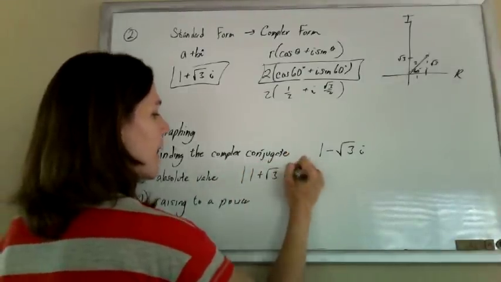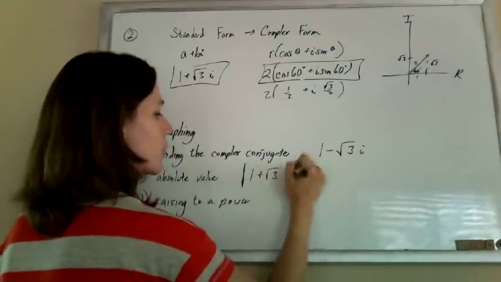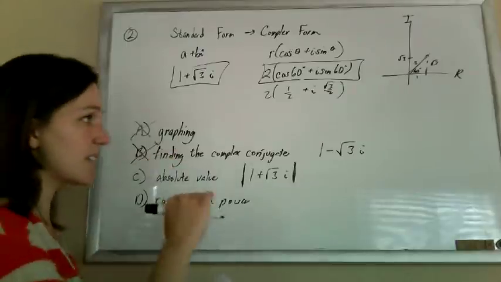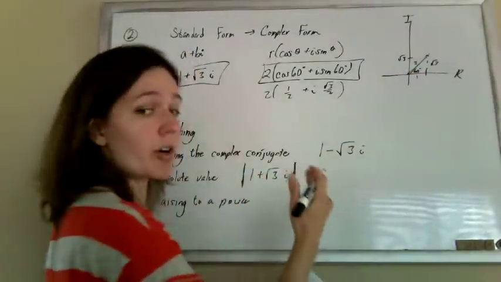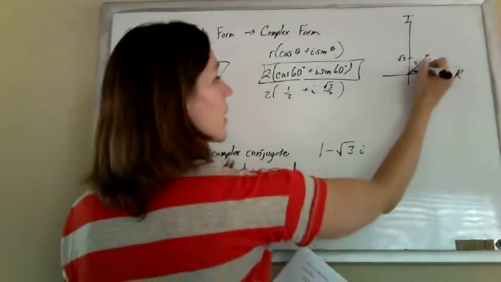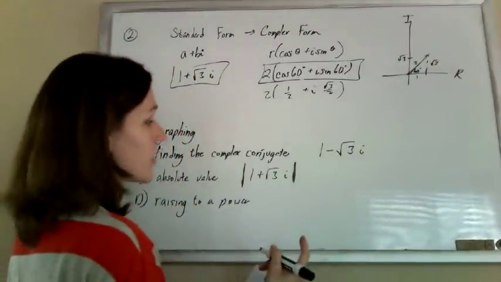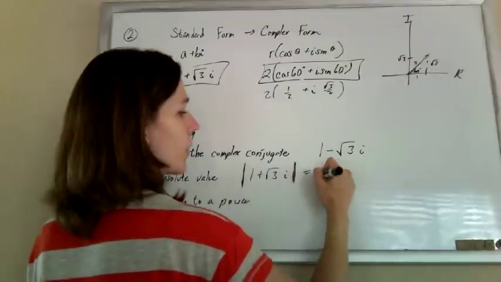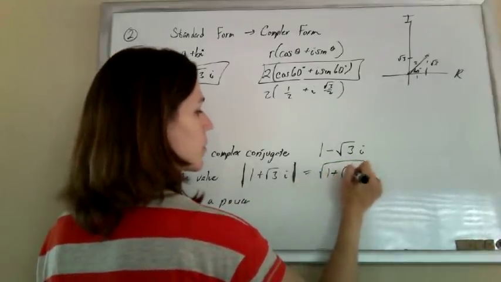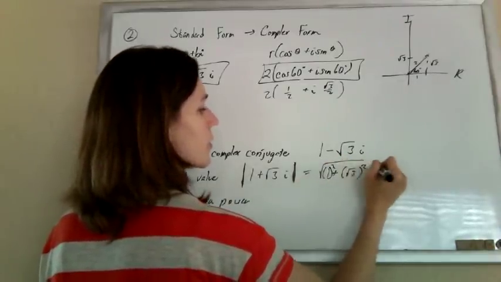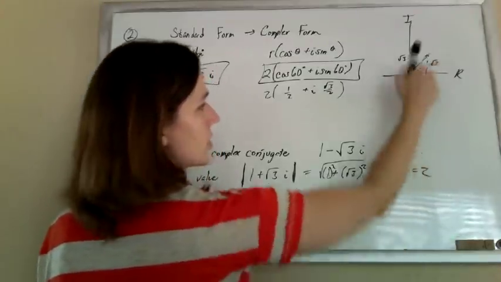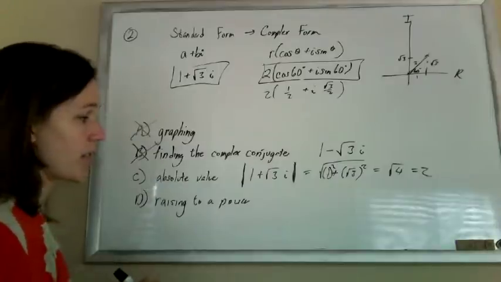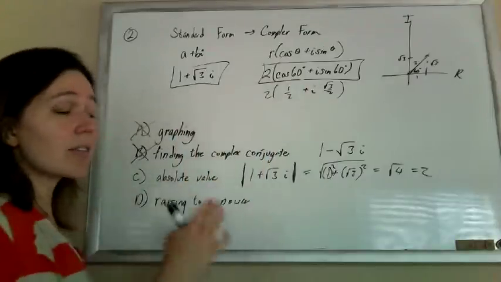If I want to find the absolute value of 1 plus root 3i, remember absolute value when you first learned it was defined as the distance from 0, or the distance from the origin? Well, that's what it is here, and that distance just by Pythagorean theorem is the square root of 1 squared plus root 3 squared, which is root 4, which is 2, confirming what I got from my 30, 60, 90 triangles there. So no need yet to convert to that wacky form.